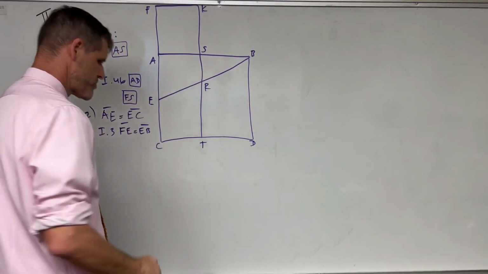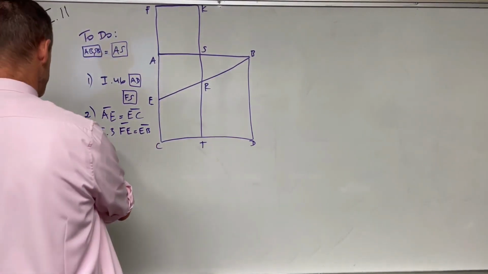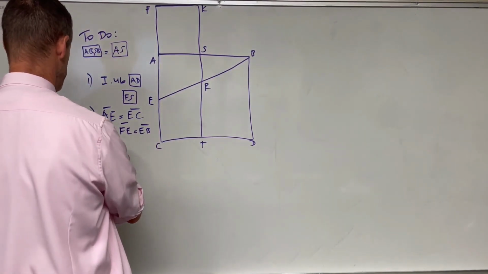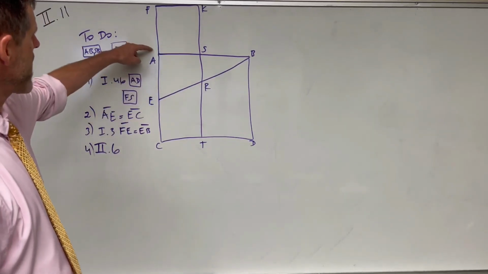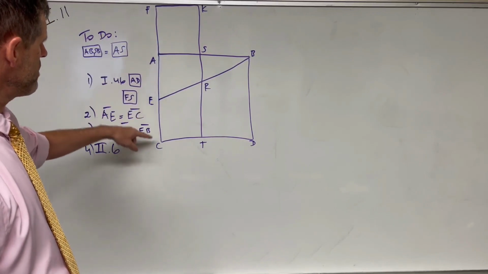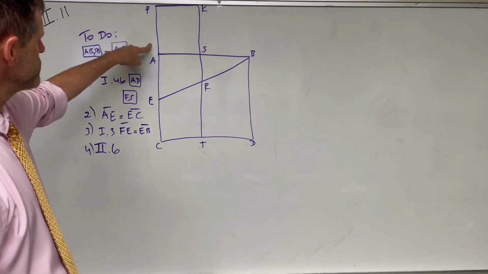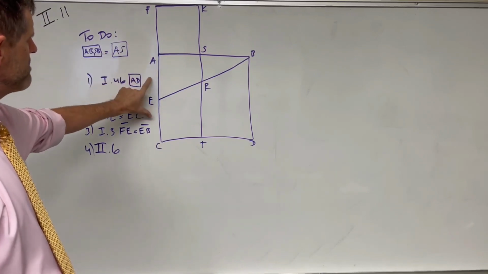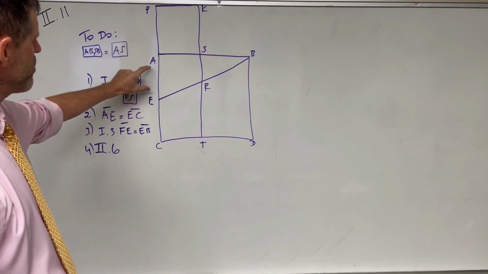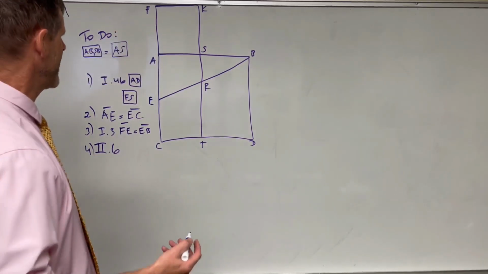Okay. Step 4. We know that from proposition 6 of book 2, that we've got our whole straight line CA and we added a straight line to it. And therefore, the rectangle contained by CF plus the added straight line plus the square on the half of the original is equal to the square on the half plus the added straight line together as one straight line.